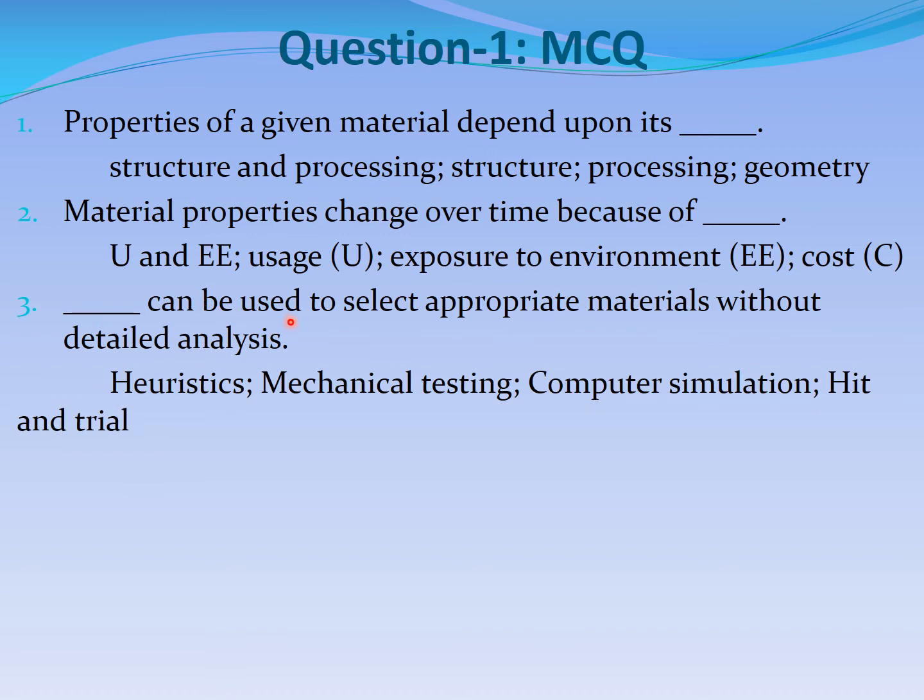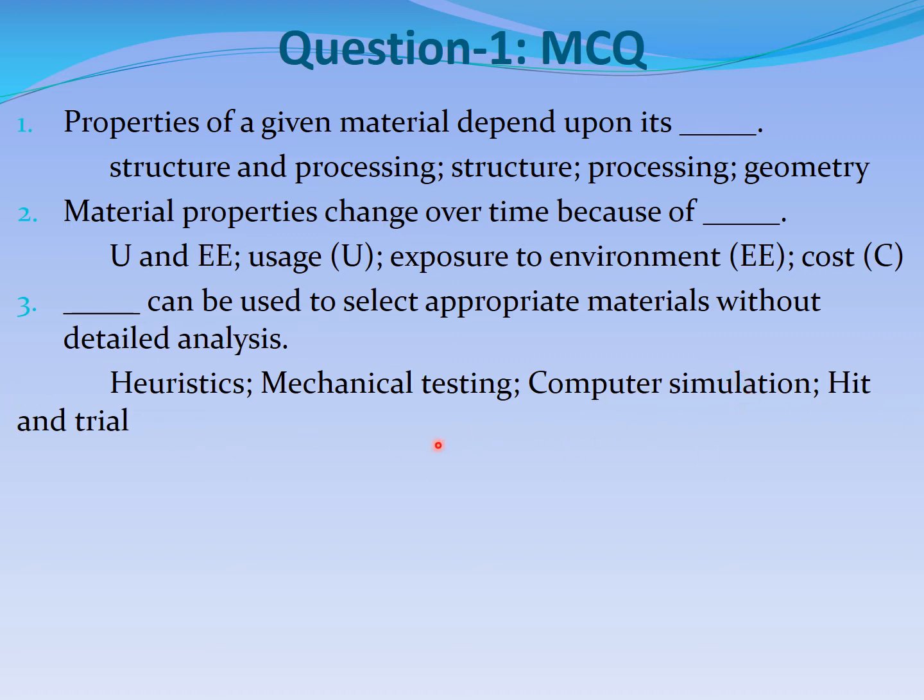Dash can be used to select appropriate materials without detailed analysis, right? Heuristics, mechanical testing, computer simulation, hit and trial? Mechanical testing can be used to select appropriate materials without detailed analysis? No, not just testing. Computer simulation, maybe. Hit and trial, maybe.